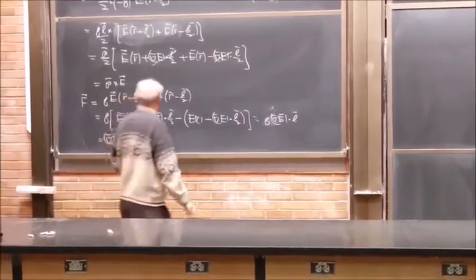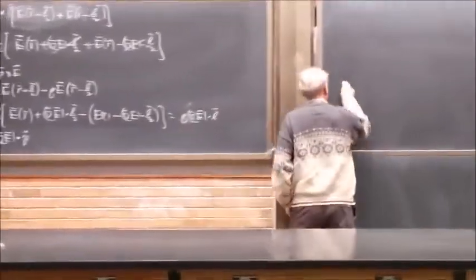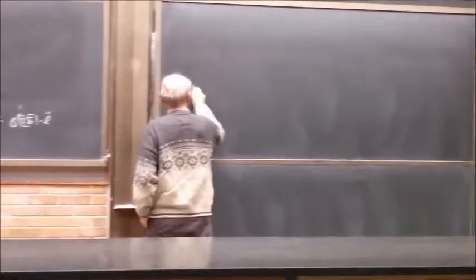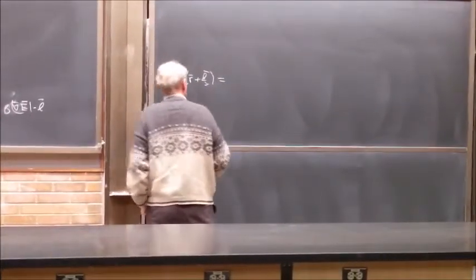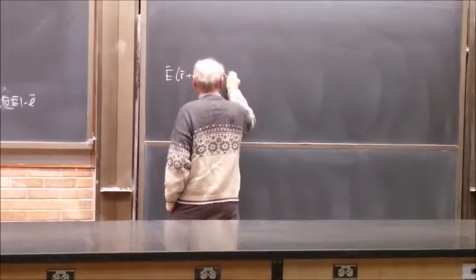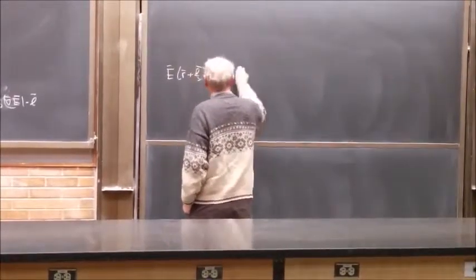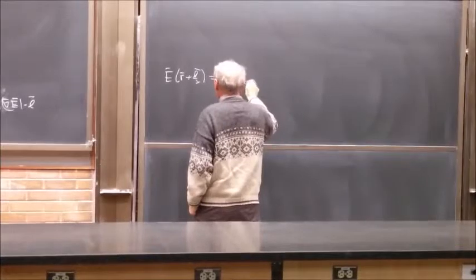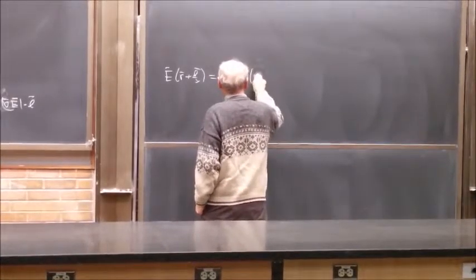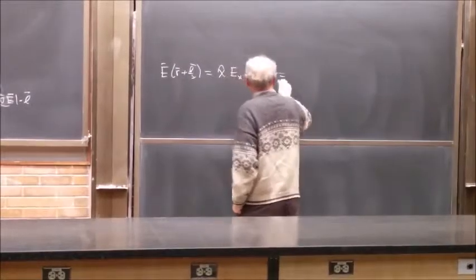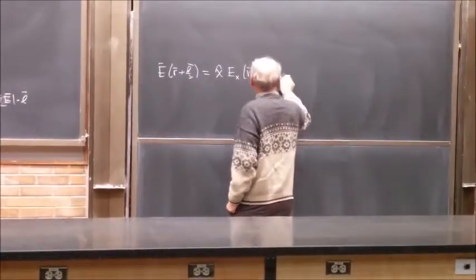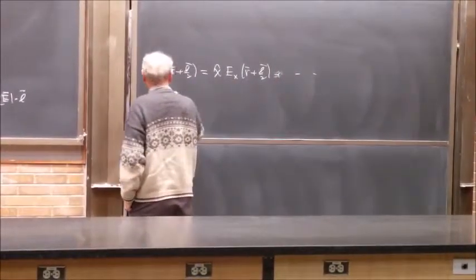And why is that? Because E of r plus L over 2 would consist of, in the x direction, Ex of r plus L over 2, plus the y stuff, and so on.